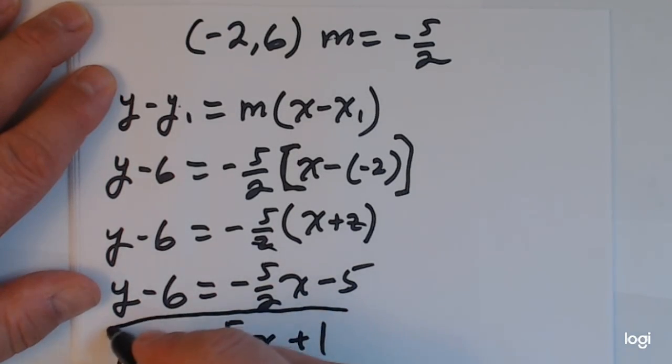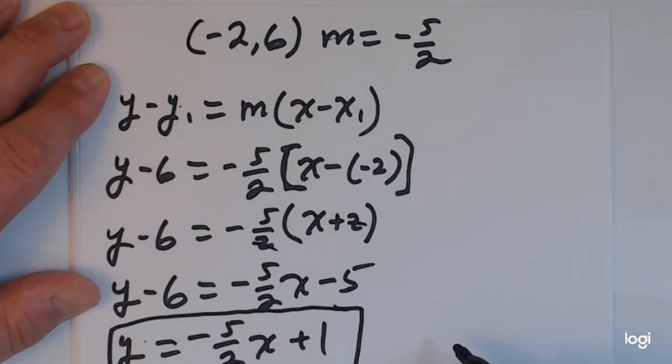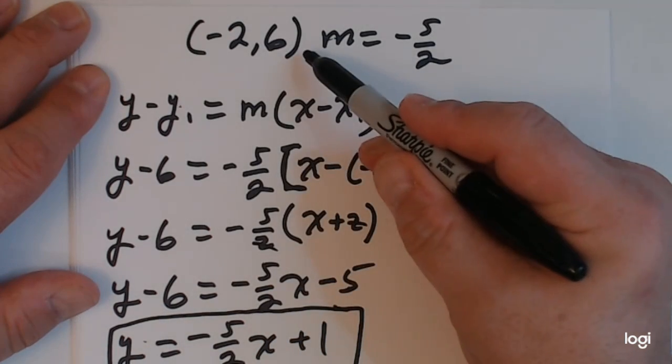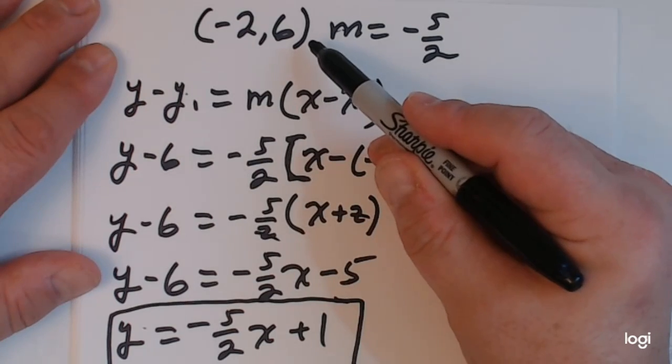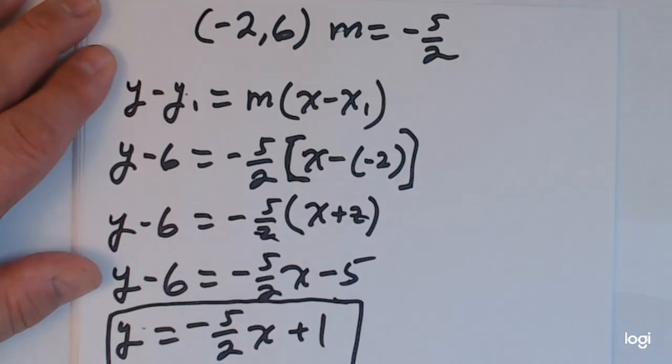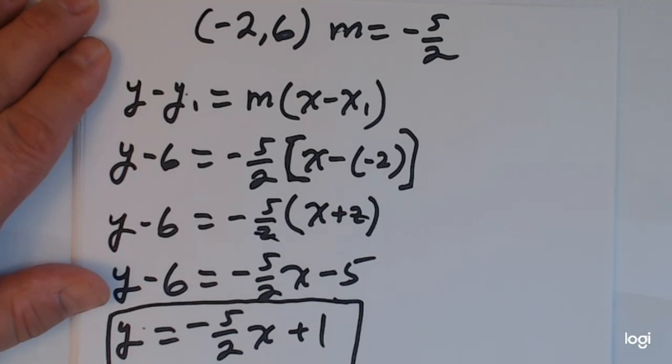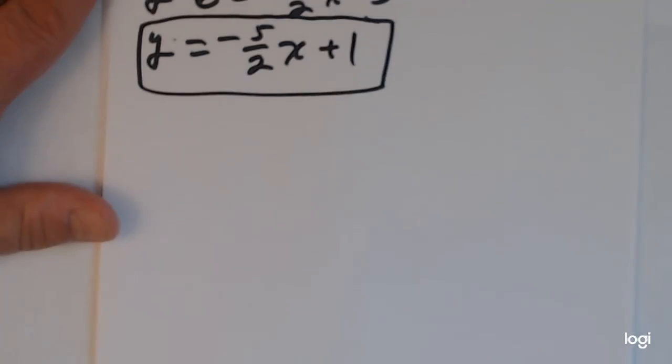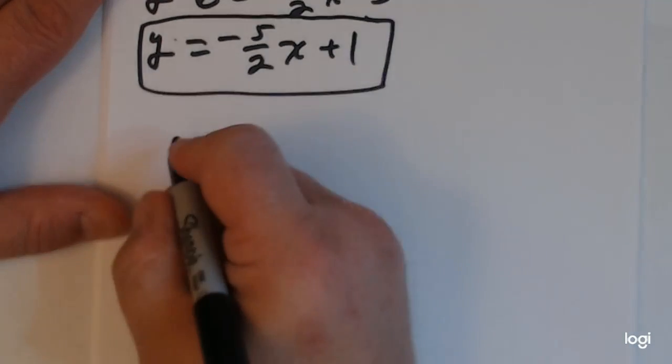So there's the equation of a line that goes through this point, negative 2, 6, and has a slope equal to negative 5/2.